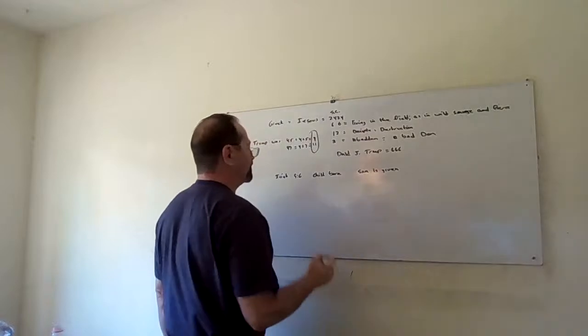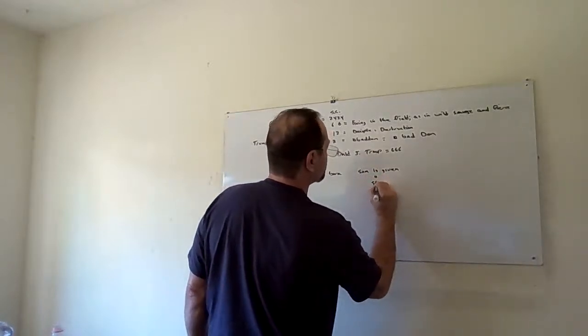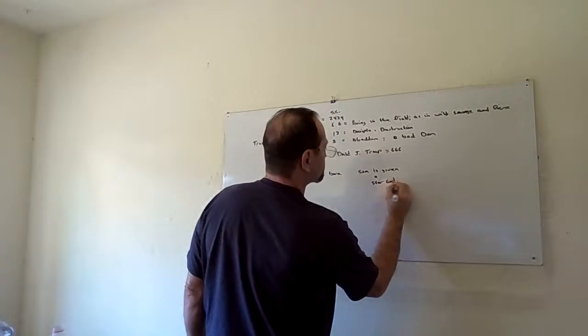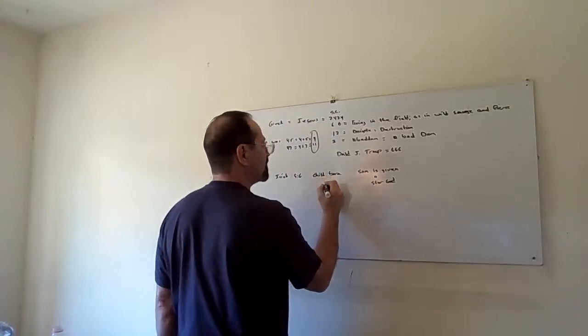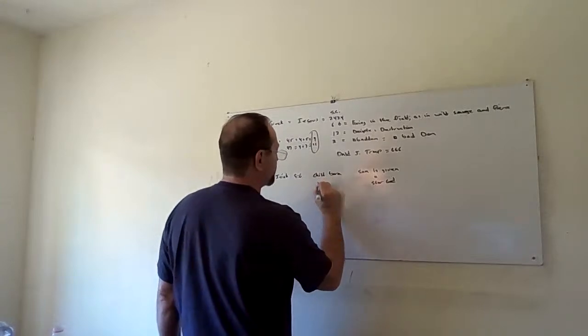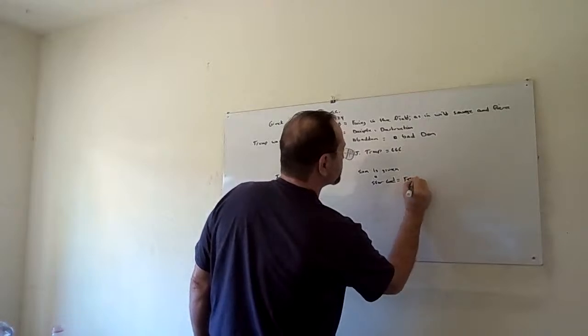Okay, this here, son is given, equals the star god. A child is born is Yeshua. Star god equals Jesus.